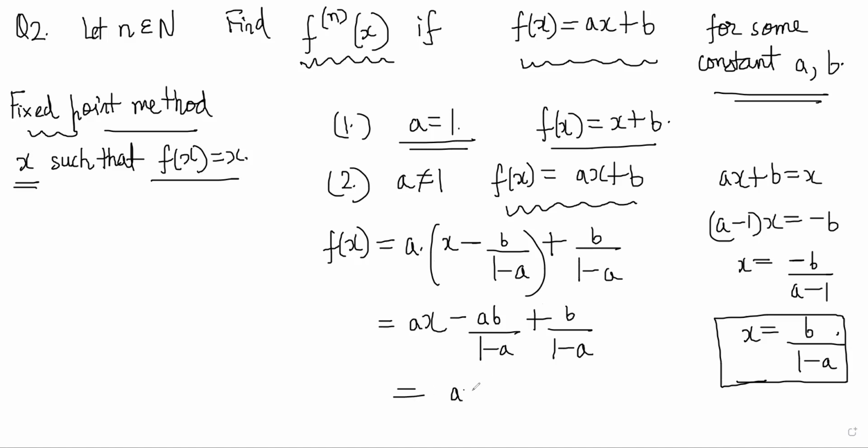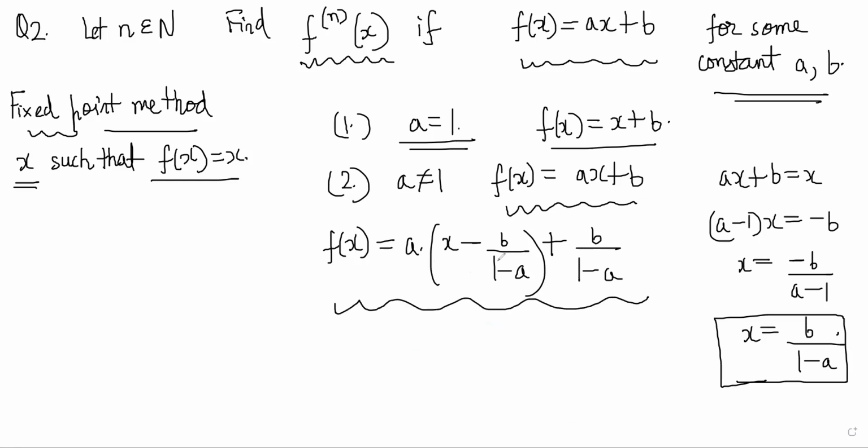And you will realize that ax plus b(1 minus a) by (1 minus a) cancels and it becomes ax plus b. So basically what I'm saying is, if you know the fixed point, then you can write the linear function in this form: f(x) can be written as a times (x minus the fixed point) plus the fixed point. Good, great.